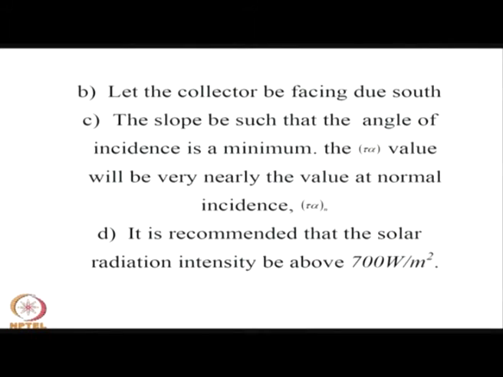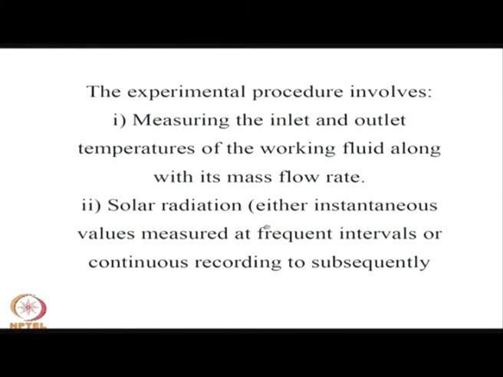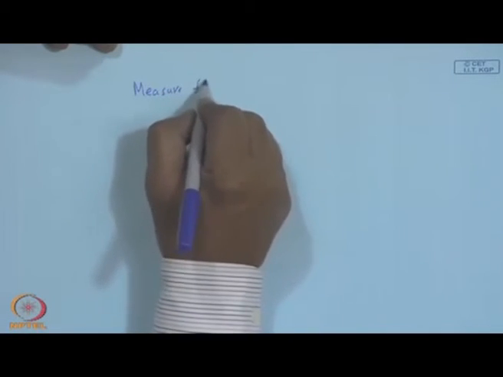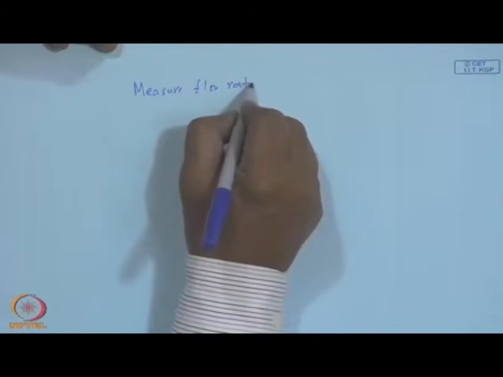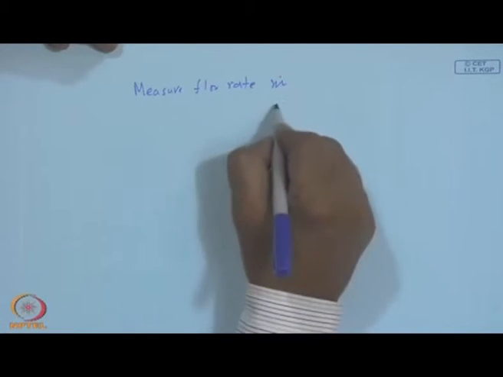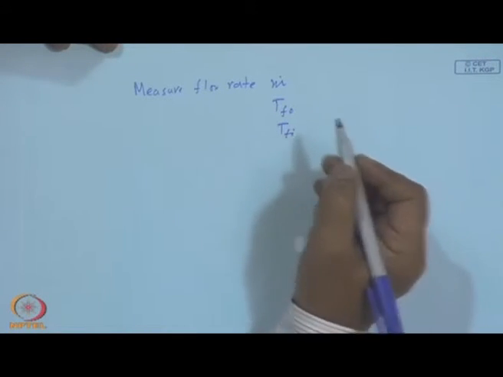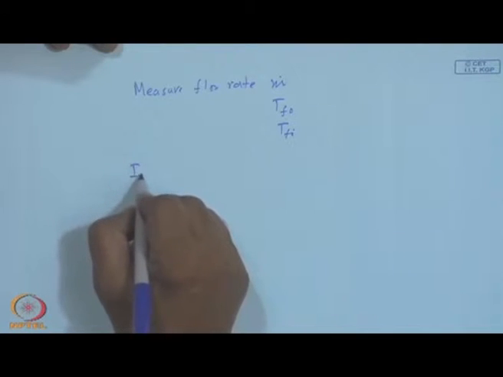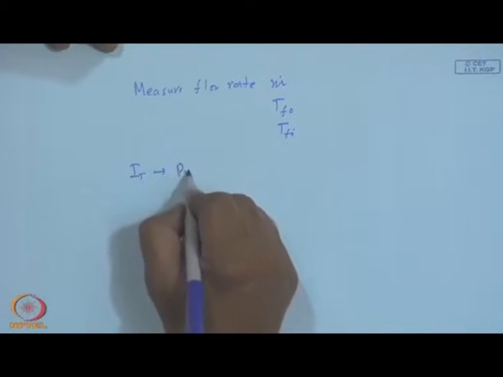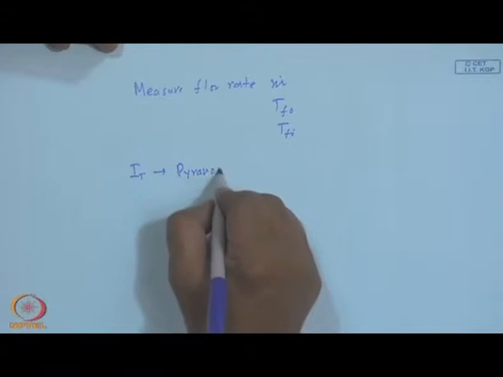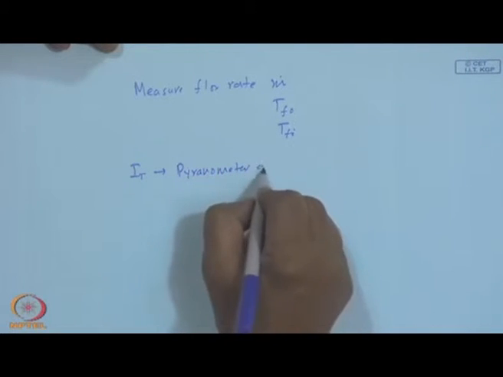So, these quantities are already recorded over here. So, how do we do it? The actual measurements will be: measure flow rate, m dot, and the outlet temperature T_fo and the inlet temperature T_fi, and directly I_T, by mounting the pyranometer on the collector surface.